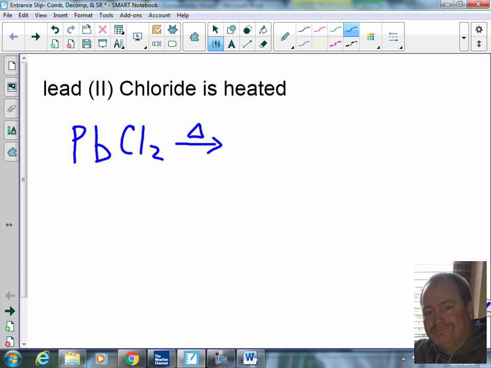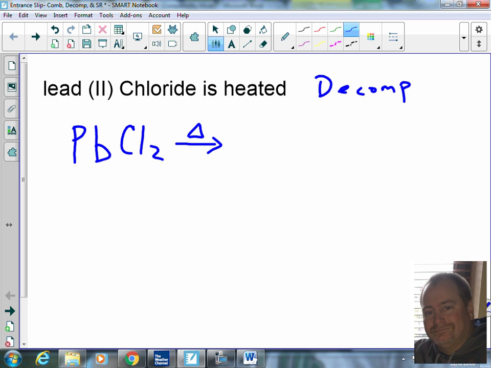Now, the first thing I need to do is decide what type of reaction this is. I think about my 5 types of reactions, of which you only know 3 of them, and I say, okay, this is going to be a decomposition reaction. Would you agree with me?